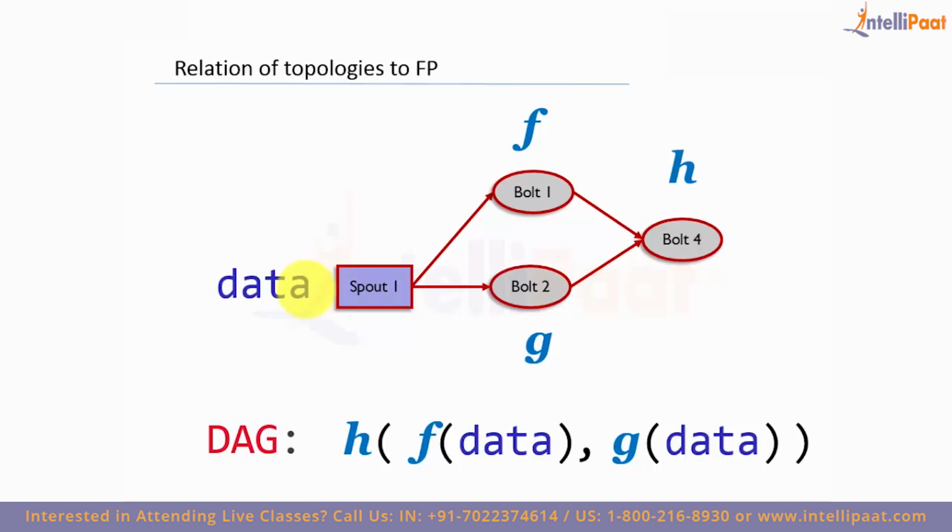The output from these functions or bolts will be further processed by function h, which is implemented in bolt 4. This way I can relate my topology to the functional programming paradigm, where I can represent my execution logic or bolts in the form of functions, and here is a best example to demonstrate this in detail.